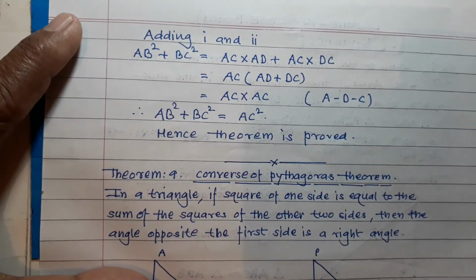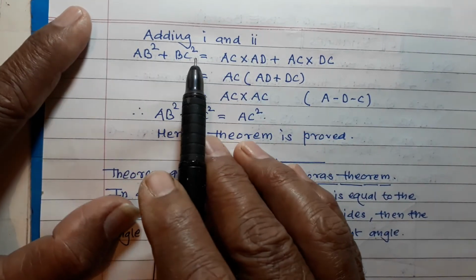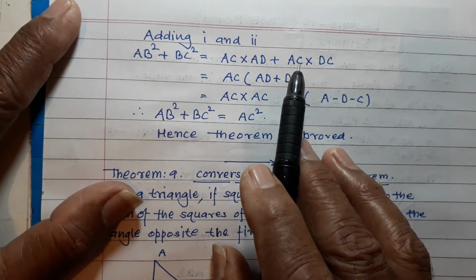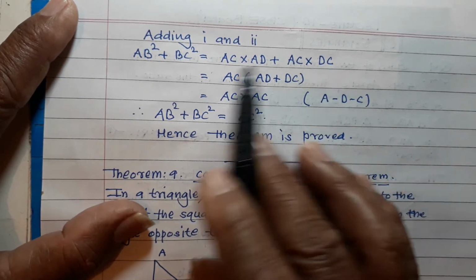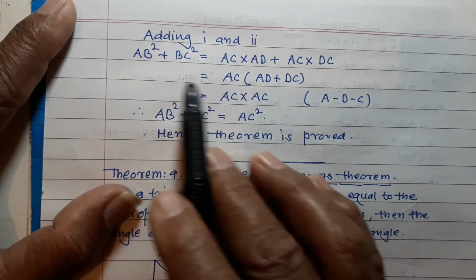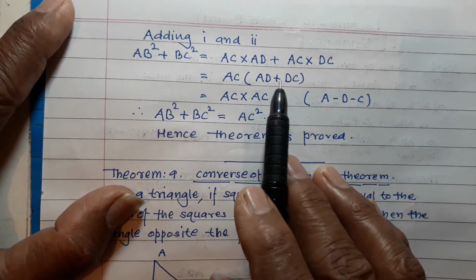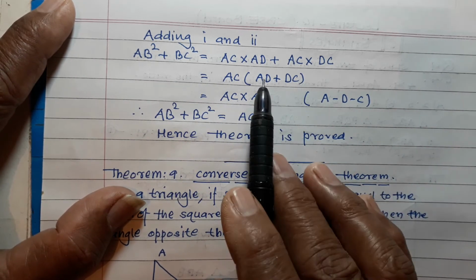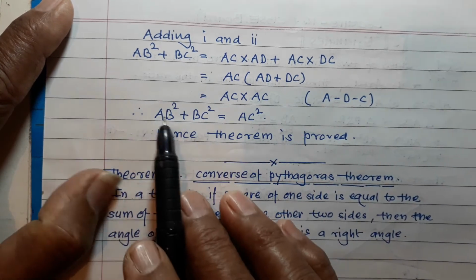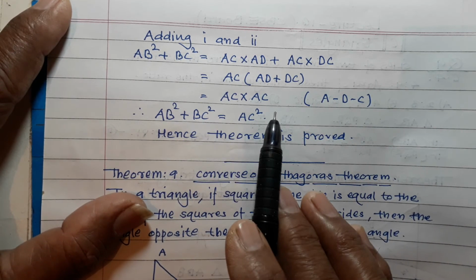Now, adding equations 1 and 2, AB square plus BC square is equal to AC into AD plus AC into DC. Now take AC common, and therefore AB square plus BC square is equal to AC into bracket AD plus DC, and AD plus DC is equal to AC, and therefore AB square plus BC square is equal to AC square.